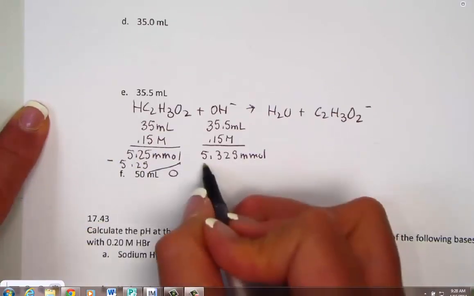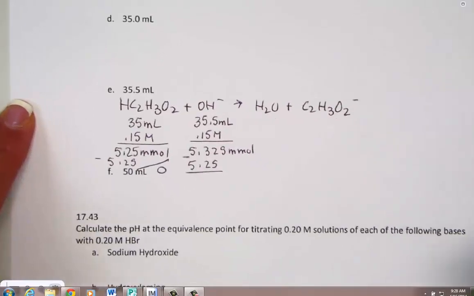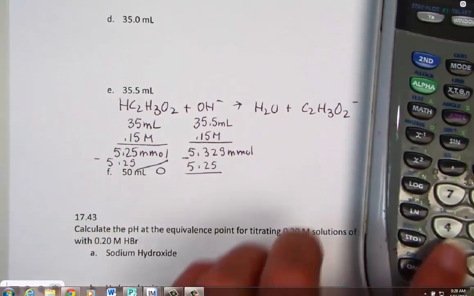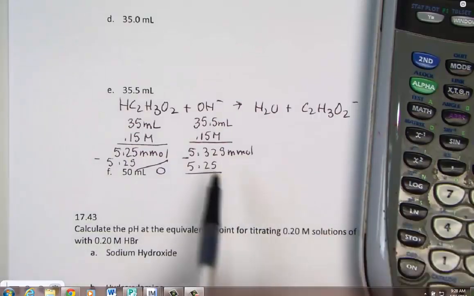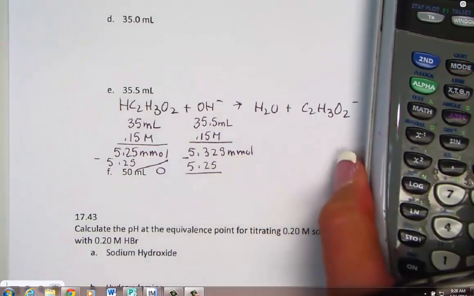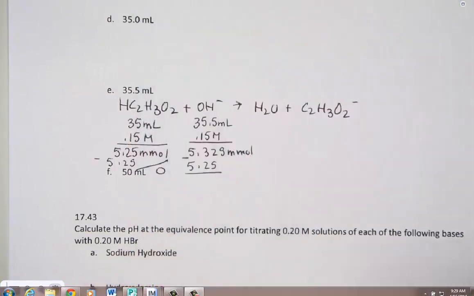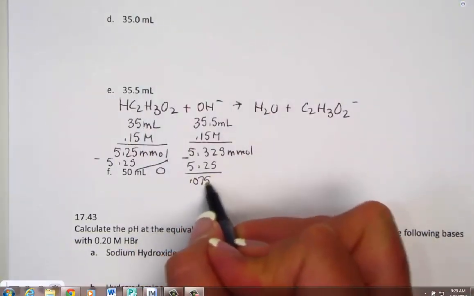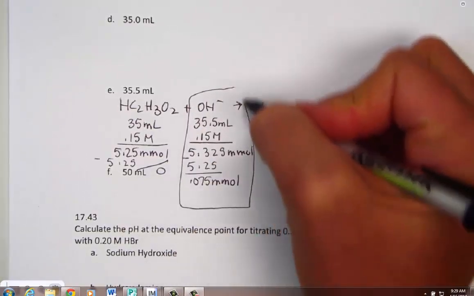It is now the limiting reagent. Along the way, it's used up 5.25 of the 5.325, minus 5.25. I have 0.75 millimoles remaining.